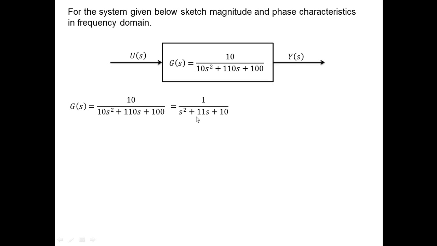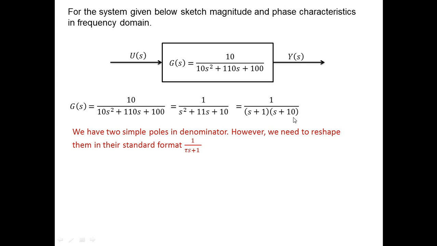If I find the roots of this denominator, I will find that I have two simple poles, one equal to -1 and another one equal to -10. In order to plot this transfer function, before that I need to make sure that all poles or zeros are in the standard format.